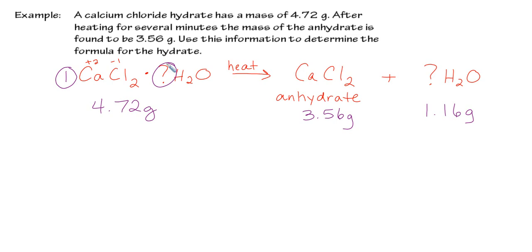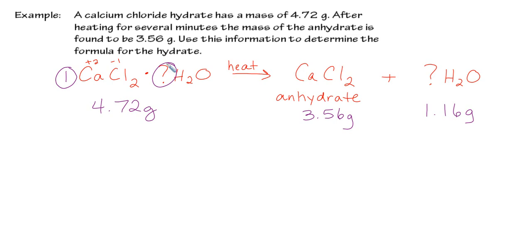Now I'm looking for actually a ratio of two compounds, but I can do it the same way. We're looking for a ratio of particles. For every 1 unit of calcium chloride, how many water molecules? What's that whole number ratio?